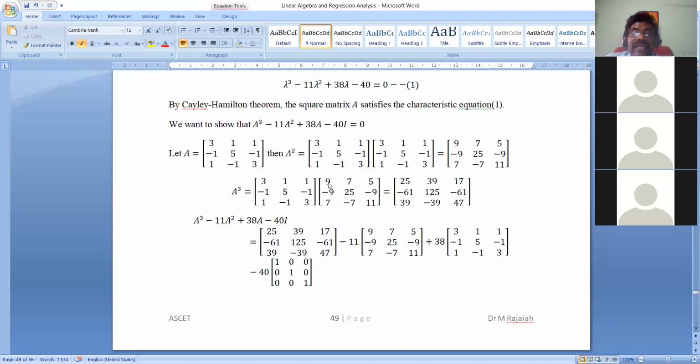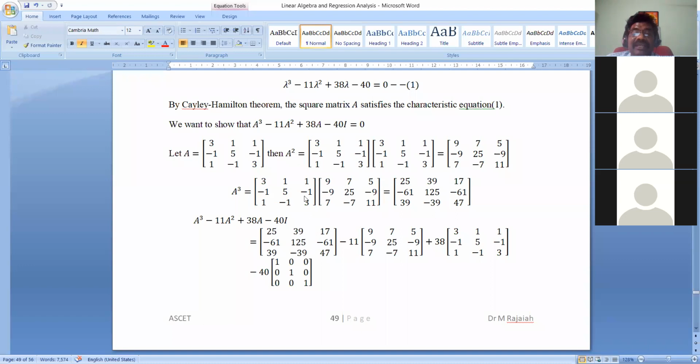Minus 1 into 9, plus 5 into minus 9, minus 1 into 7, that is minus 61. Next, minus 1 into 7, 5 into 25, minus 1 into minus 7, that is minus 120, plus 125. Next, minus 1 into 5, 5 into minus 9, minus 1 into 11, that is minus 61.